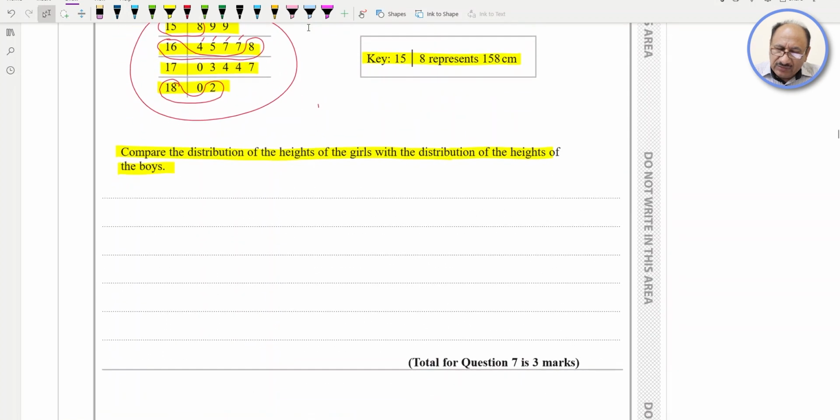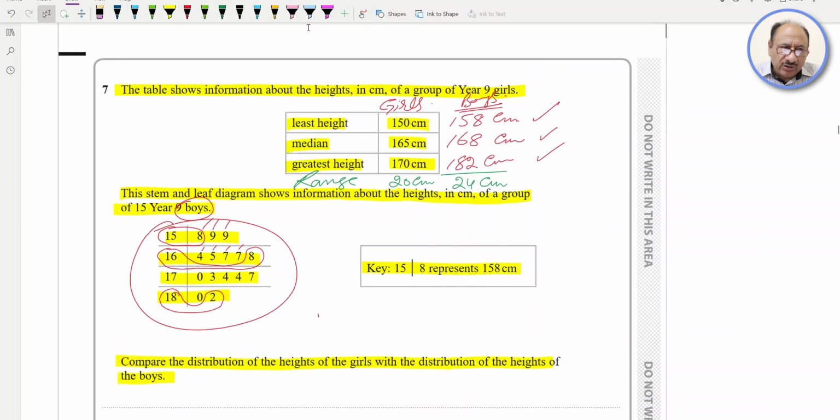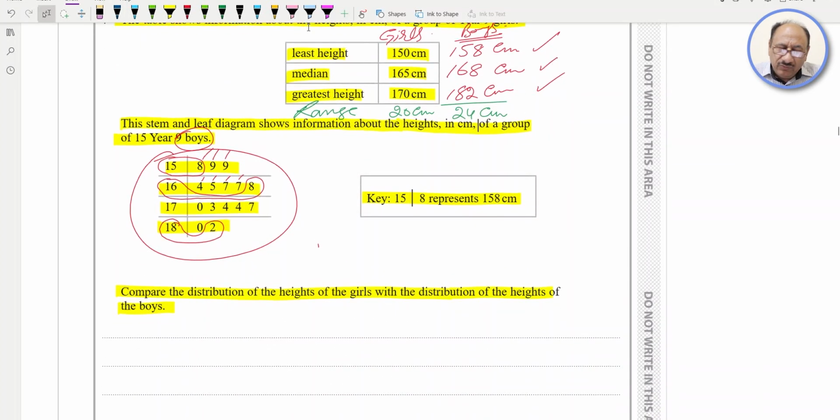And keep in mind this is a 3 marks question, so we'll be trying to give at least 3 points so that we will maximize our chances to get 3 marks. For that, first of all we will compare the range, and we will say that the range in boys is higher. The range in boys is 24 centimeters.